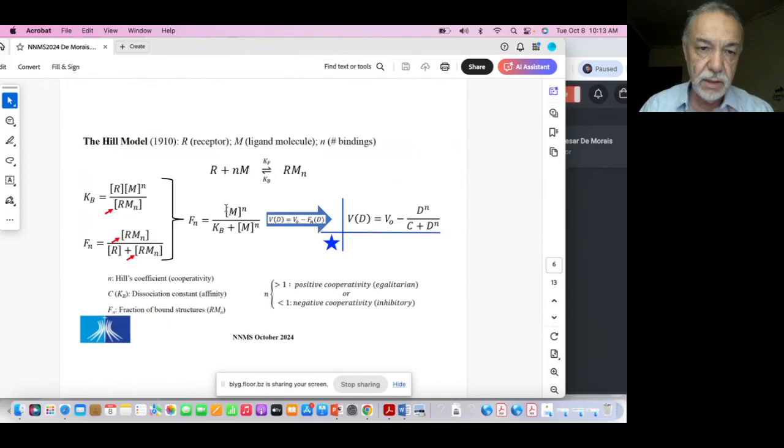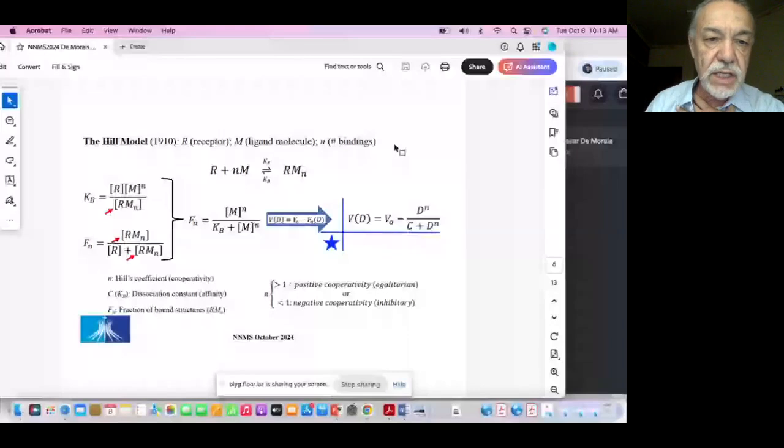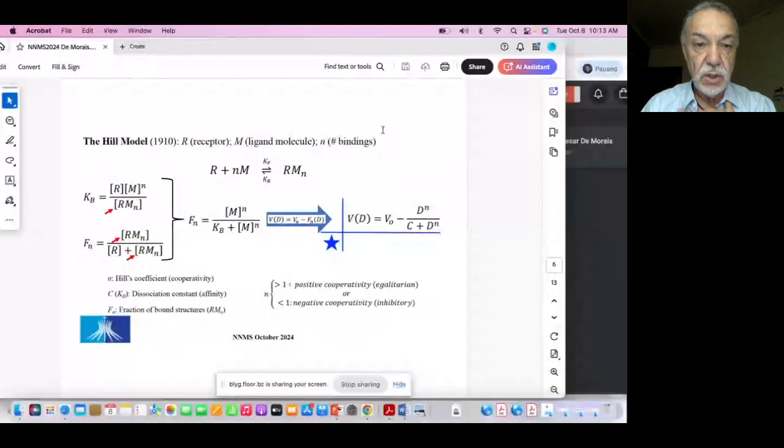Then, let me show you how simple the model is. Here is very briefly how the Hill model was deduced. You have a receptor on the cell membrane, and you have a molecule which is going to bind to the cell membrane receptor. You can represent this binding by a sort of equilibrium process.